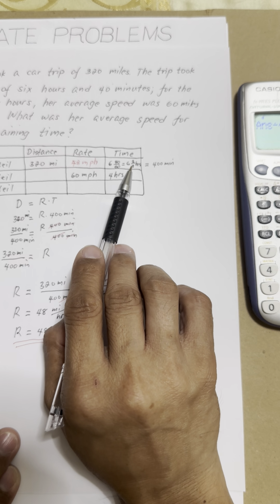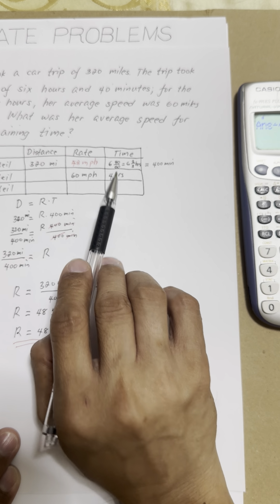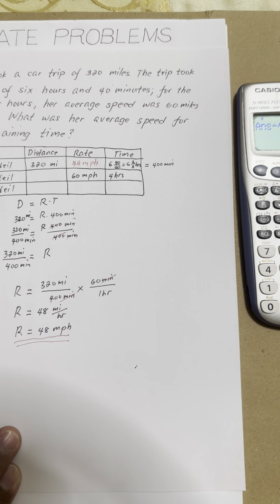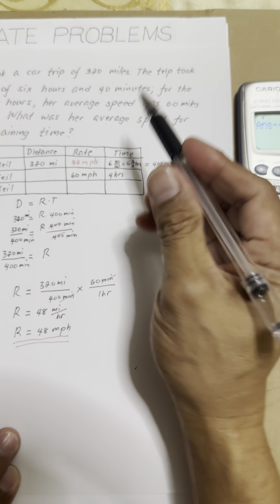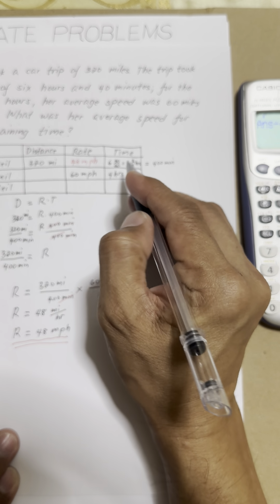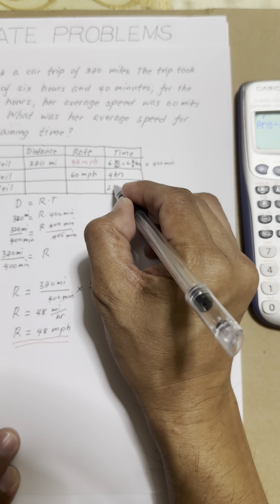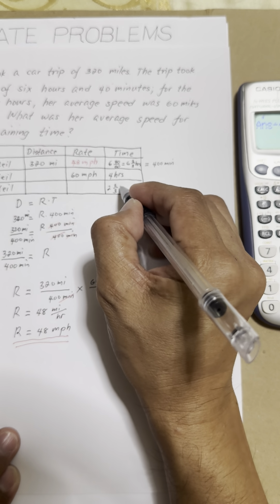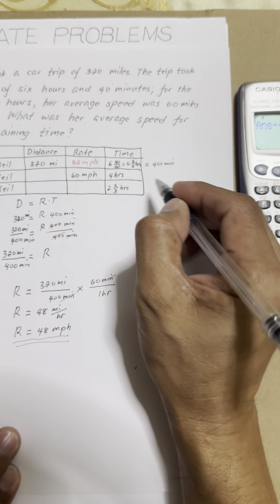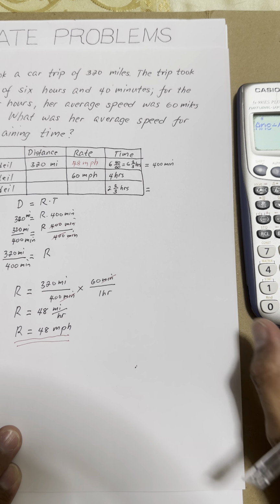Total hours is this one, or in terms of minutes is 400 minutes. In terms of hours, the remaining is, you just subtract 4 hours. The remaining is 2 and 2/3 hours. Or in terms of minutes, this is equivalent to what?